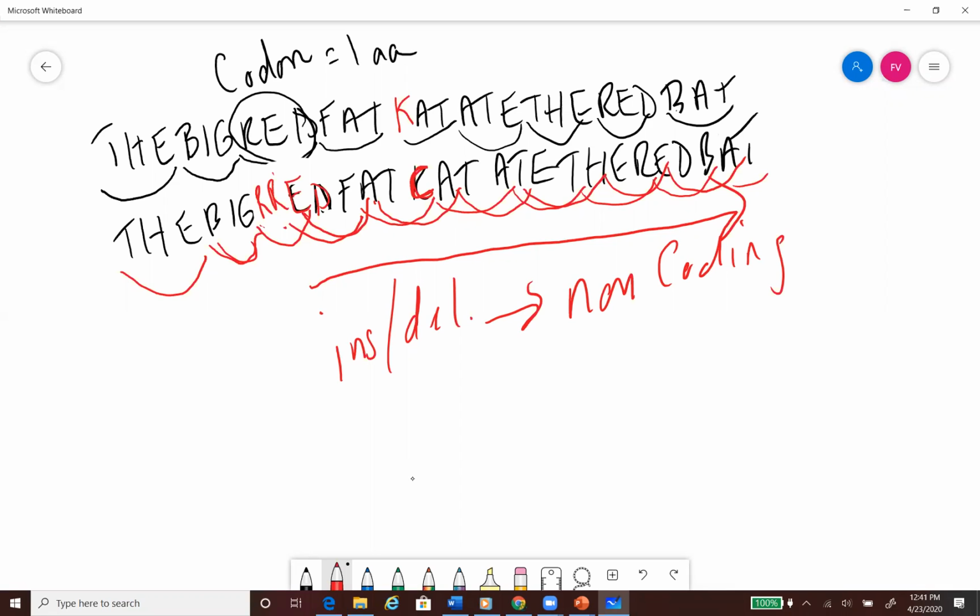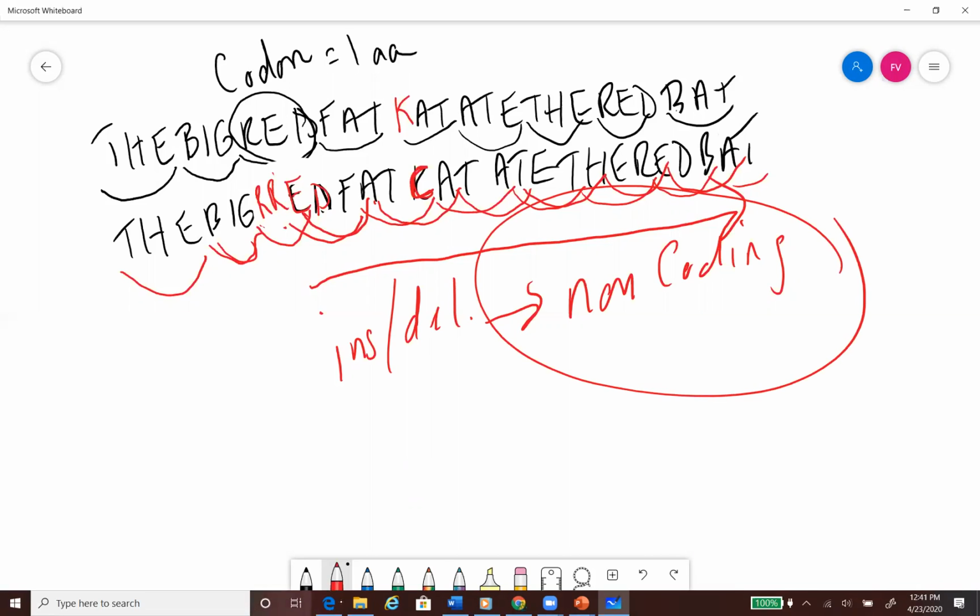There are some samples that I've asked you to look at, where the virus looks like it's missing material, okay? Looks like something's either been deleted or been inserted, right? Now, this happens though in the non-coding section.